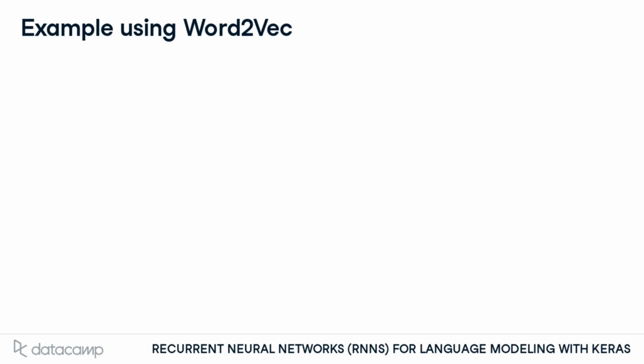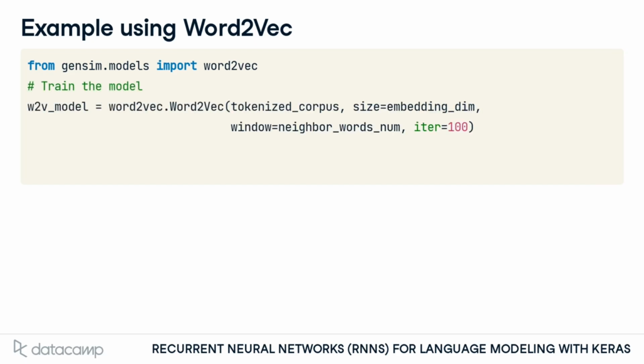To use Word2Vec in Python, import the Word2Vec class from gensim.models. To train a model, we initialize the subclass Word2Vec passing a corpus. Other parameters include size, which is the dimension of the embedding vector to use, window, which is the number of neighbor words to use as context, and iter, which is the number of epochs to train the model.